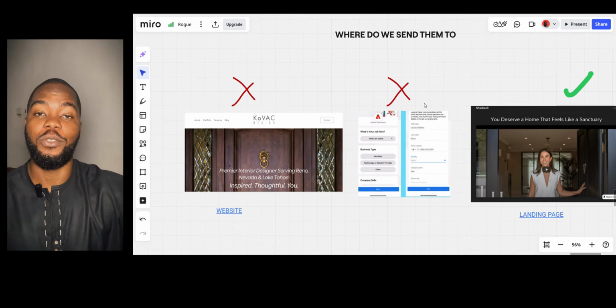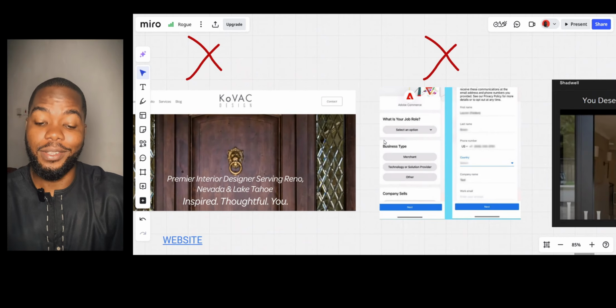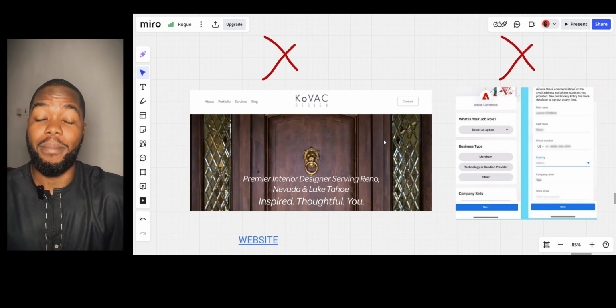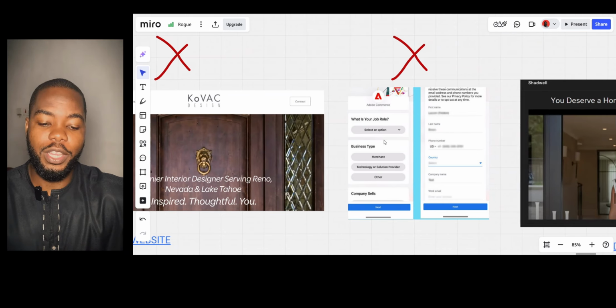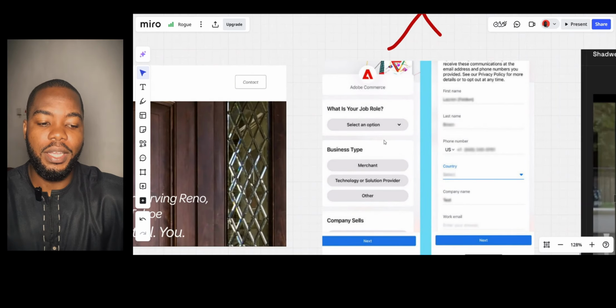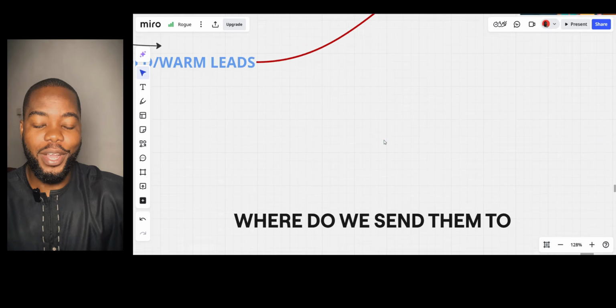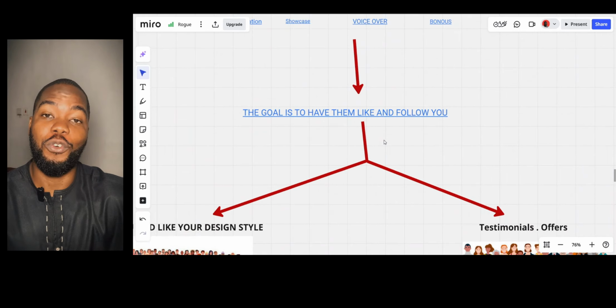There's a big misconception. A lot of people send their leads to their website. A website can be very, very distracting. There are so many things that your prospect can click on and get distracted, and it's not the best for conversion. We never send our leads to a website. Now, a Facebook form is very, very boring and ugly. It breaks whatever trust they have for you already.